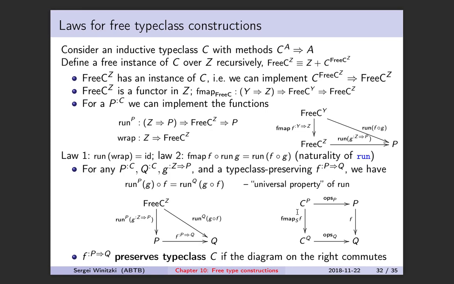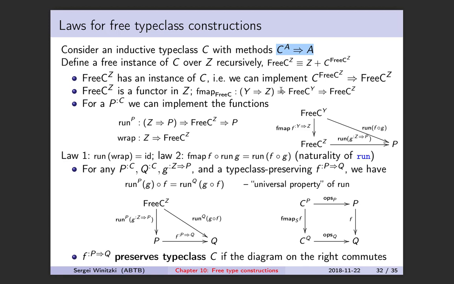So, having gone through all these examples, let us generalize. What are laws of the free type class constructions? So we will consider a general inductive type class, and for simplicity we will not consider type constructors here, only ordinary types. So the type class will have methods of this type signature.